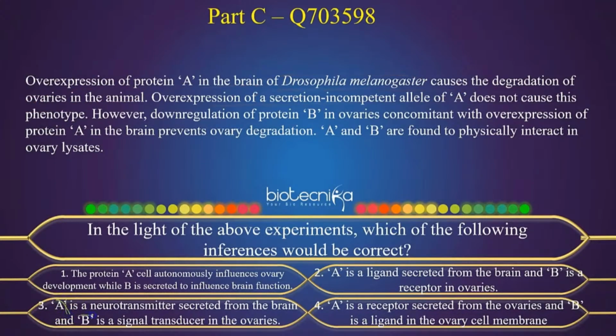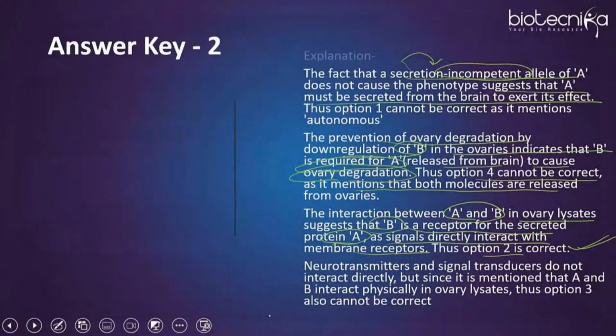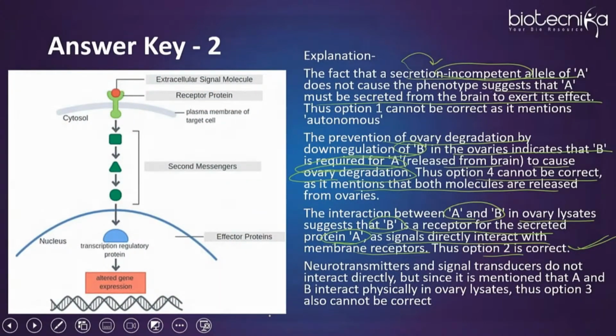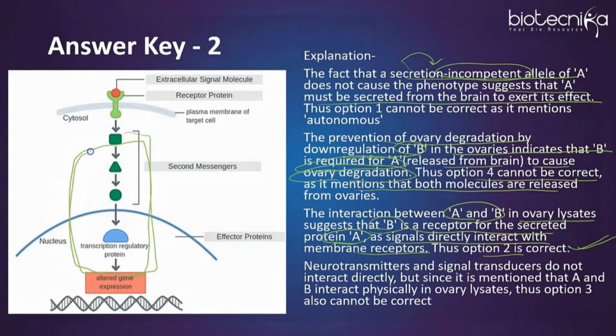Third is also not correct because A is a neurotransmitter secreted from the brain and B is a signal transducer. If you see the signaling pathway, the signal transducers are somewhere over here which bring about the result inside the cell, and the neurotransmitters will be outside the cell. So those never directly interact with signal transducers inside the cell.